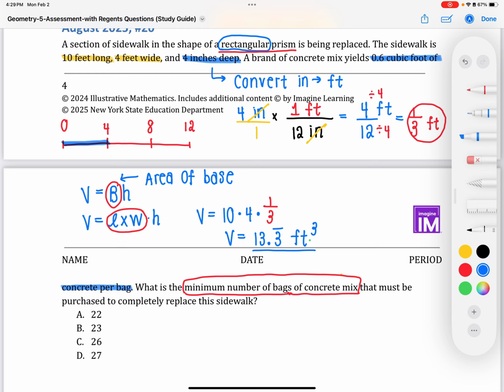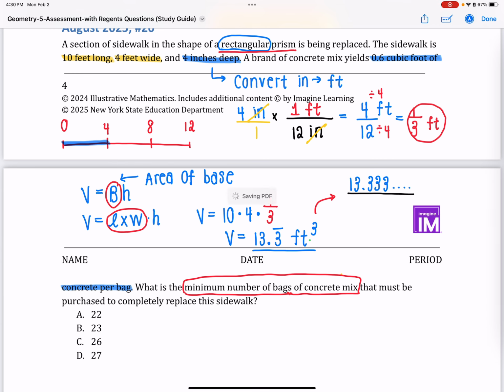And they told us that we can fit 0.6 cubic foot of concrete per bag. So what we're going to do is take this 13.3 repeated. Now we're going to type all of this into our calculator because we're not going to round till the very end. And we're going to divide it by 0.6.